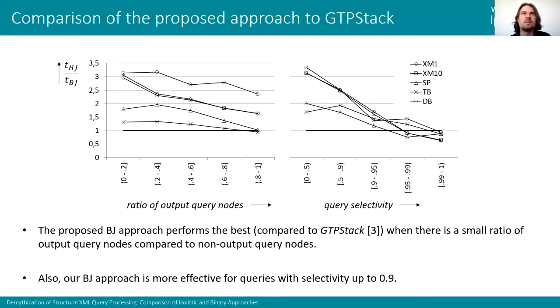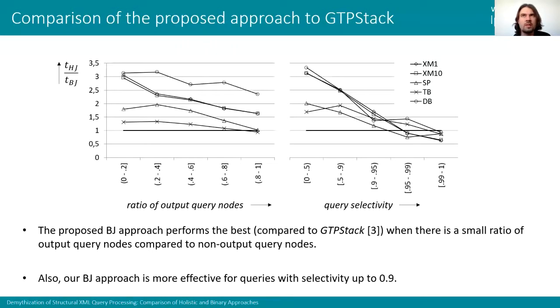The first experiment is focused on the comparison of our binary join approach to the GTPStack holistic join. We show the experimental results from two perspectives. The first one is related to the ratio of output query nodes in a TPQ. The second one is related to the query selectivity. So let me start with the ratio of output query nodes.